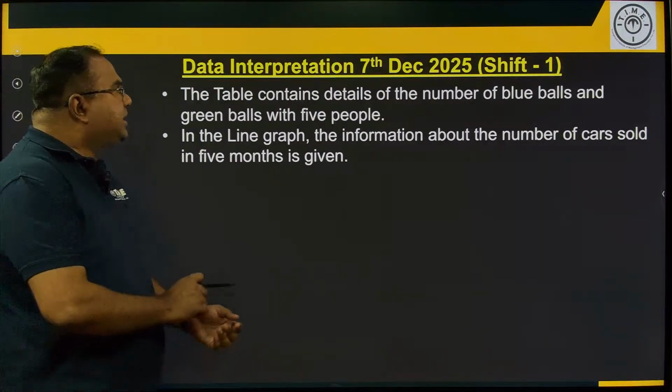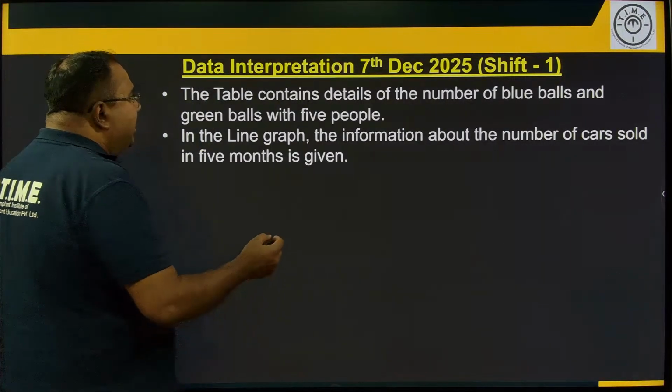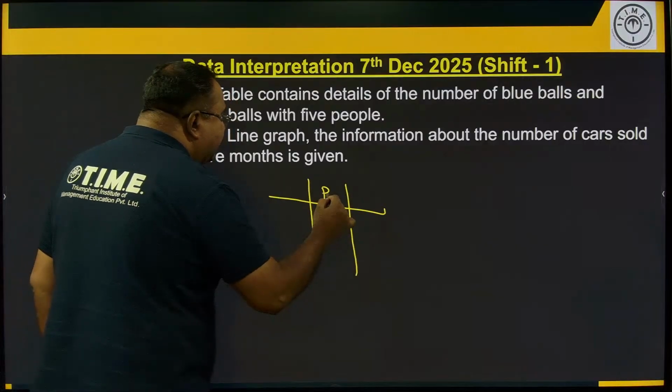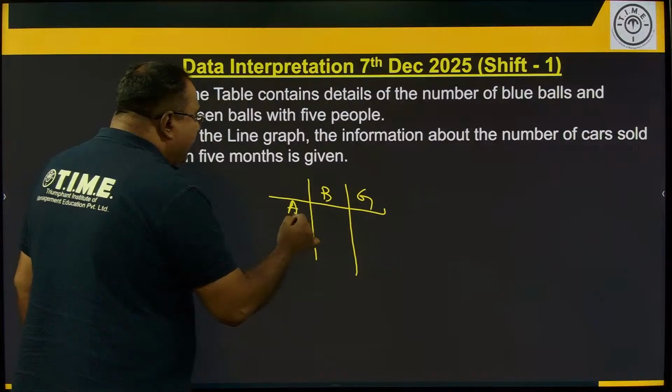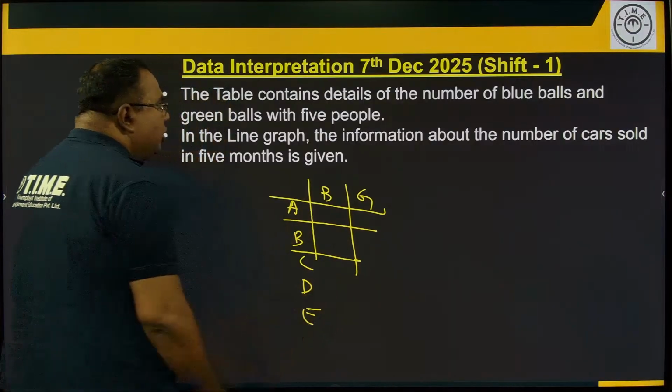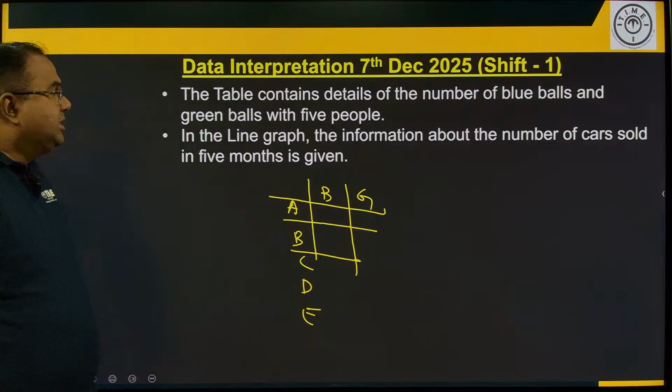Now 7 December shift 1. The table contains the number of blue balls and green balls, again 2 columns, among 5 people, A, B, C, D, E. The questions are based on this. Then in this slot, we had a line graph.